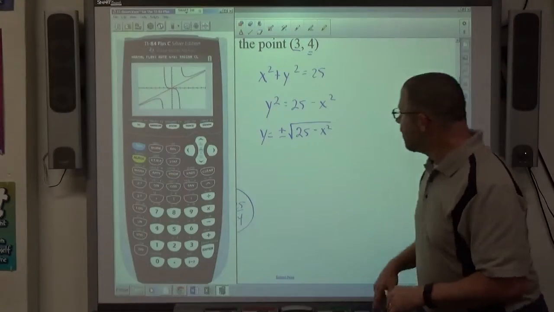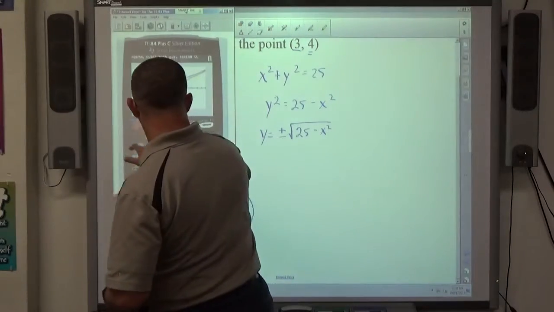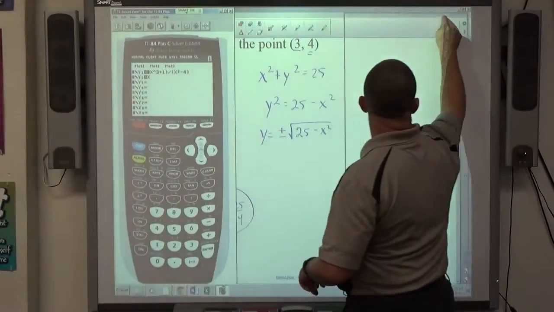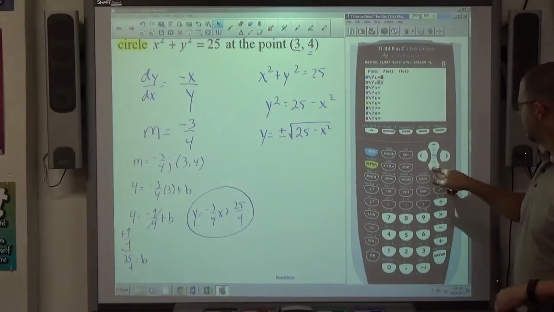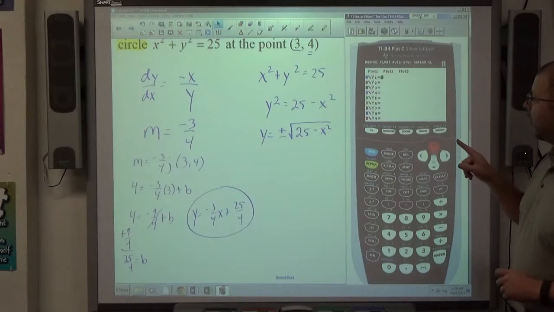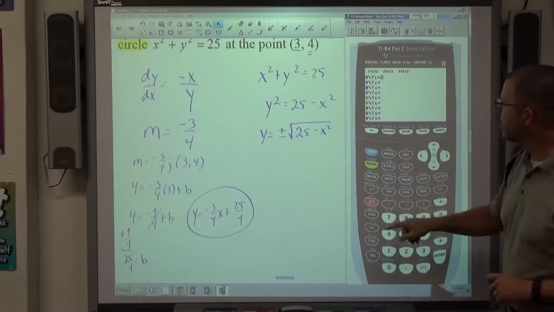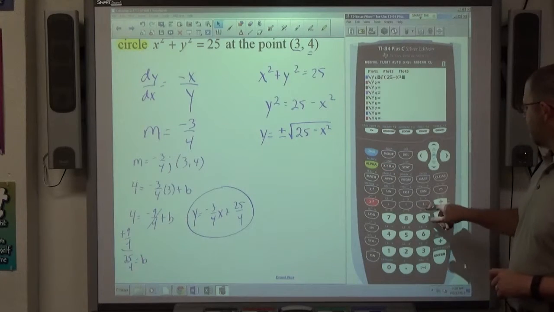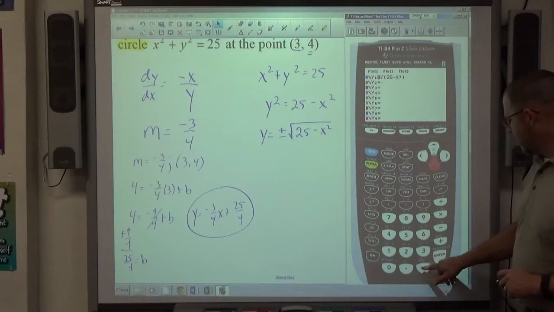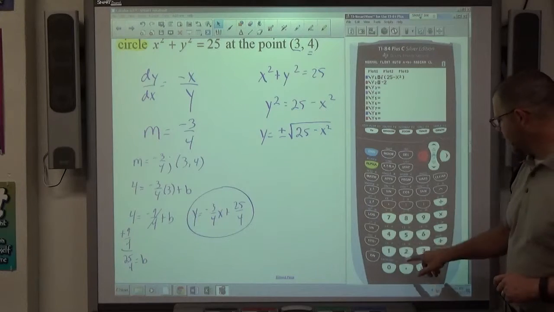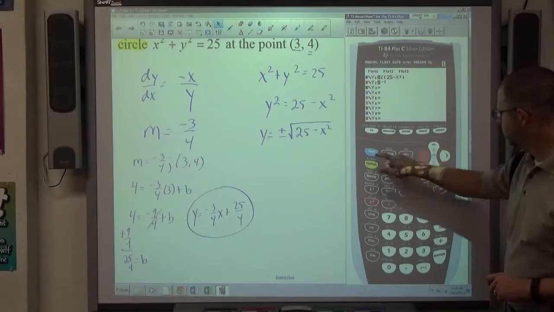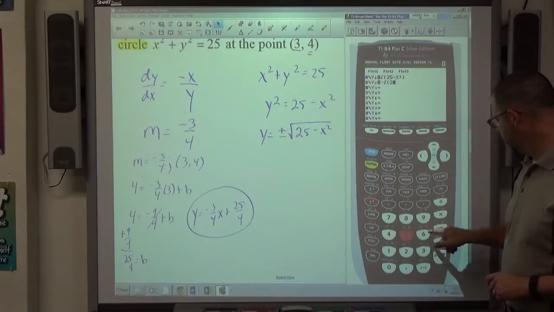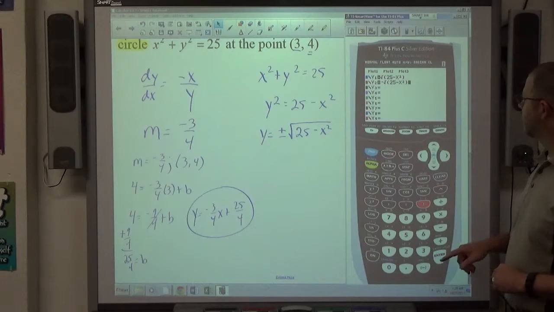If I come over here to my calculator and clear out this stuff, I'm going to type in y1 is the square root of 25 minus x squared. Again, that's the top half of my circle. Negative the square root of 25 minus x squared is the bottom half of my circle.